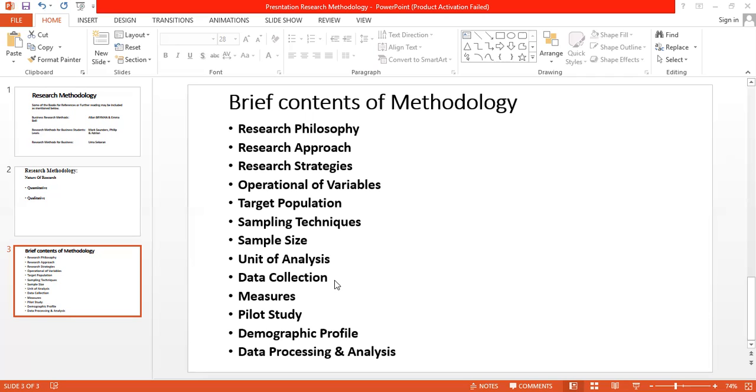Under the measures heading for your questionnaire, you tell that this scale was copied from, or taken from, a previous researcher, and there were four or five questions in each variable. So in measures, you will give your questionnaire information: each variable consisted of how many questions, and their scale was used from which previous research.